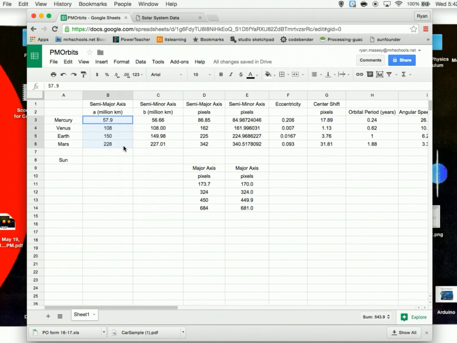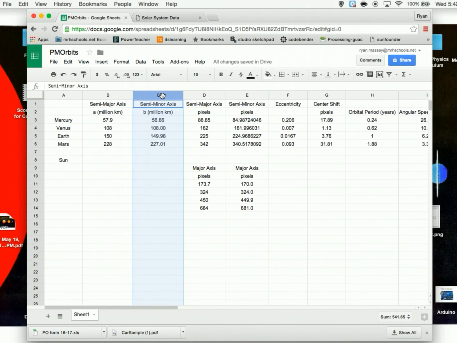Okay, so semi-major axis, I was able to take that directly from the mean orbital distance. The semi-minor axis, I calculated using semi-major axis times the square root of 1 minus the eccentricity squared. Eccentricity I got directly from the data, but I used it to calculate these values.